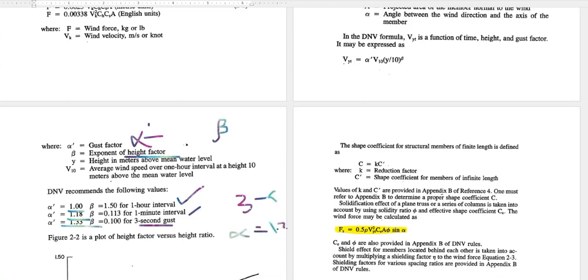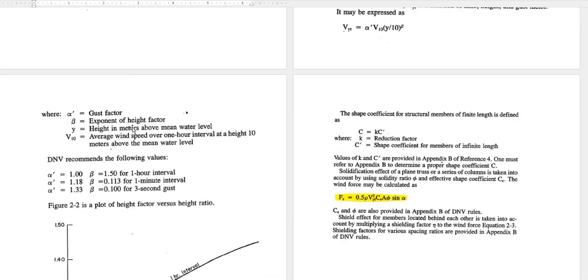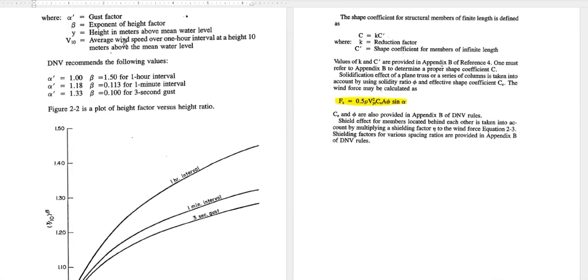The gust factor is more. Suppose the interval comes down, then the gust factor increases. So the 3-second gust factor is more compared to 1 hour or 1 minute. Okay. And y is the height above the mean water level, with the average wind speed over a 1 hour interval at a height of 10 meters above the water level.